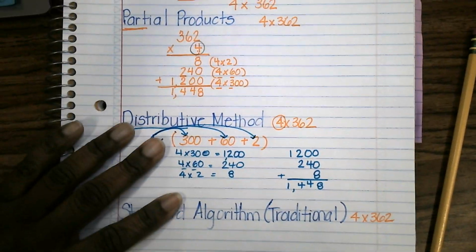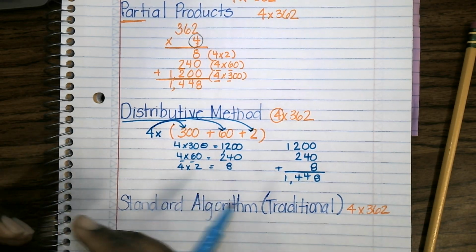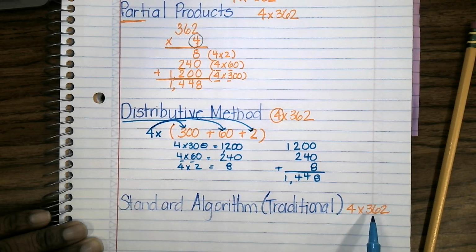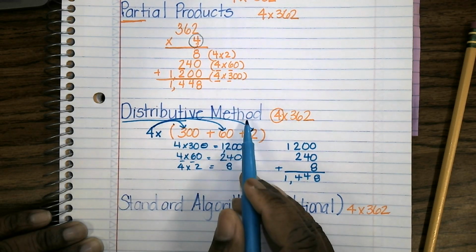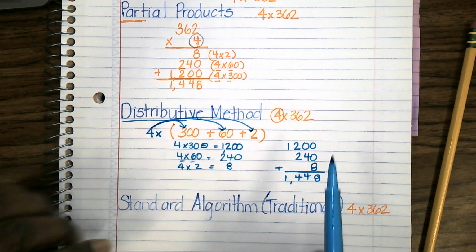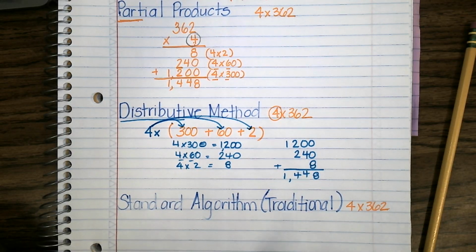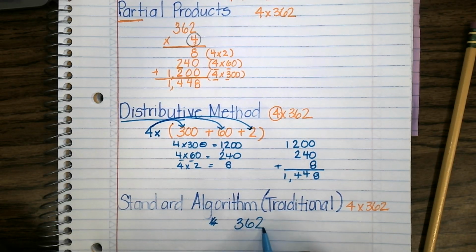And as most of us were taught, the standard algorithm just condenses everything. So you're thinking about the numbers as digits in their position and not necessarily the value. We're not multiplying a multiplier times a value and then adding those values up. We are just multiplying it times each digit within its place. So we have 362, as you already know.